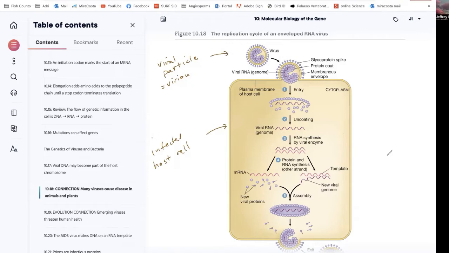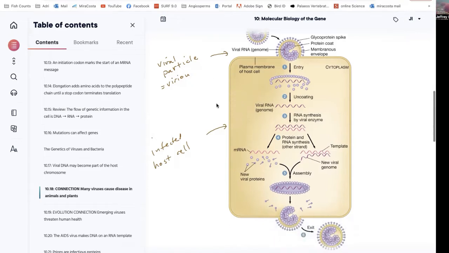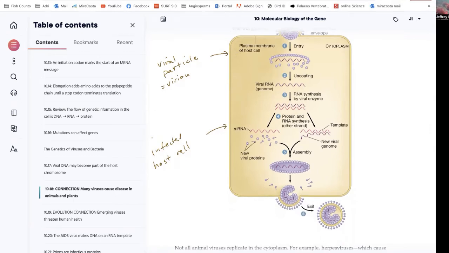At the end of the process, we end up with lots and lots of viral particles. If I could scroll this down. We have exiting not just one viral particle, but millions of viral particles. If it were just one virus coming in, one virus leaving, then there would be no big deal.